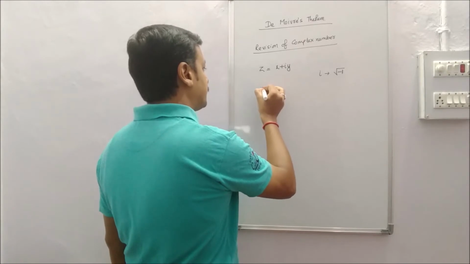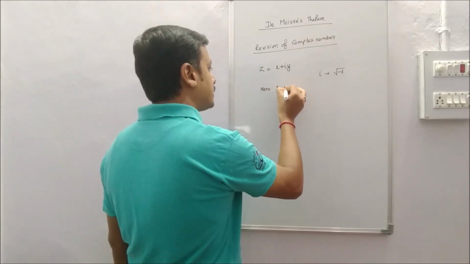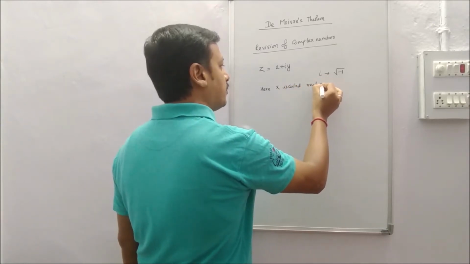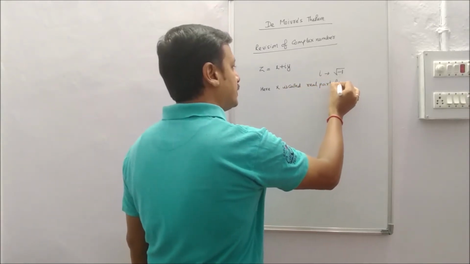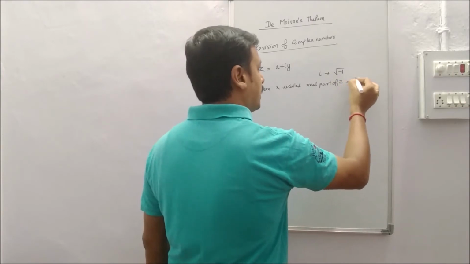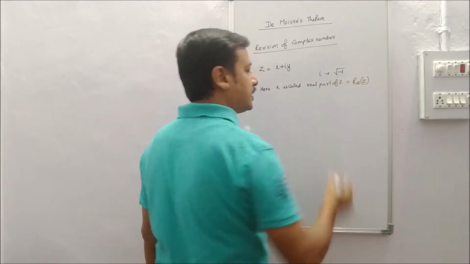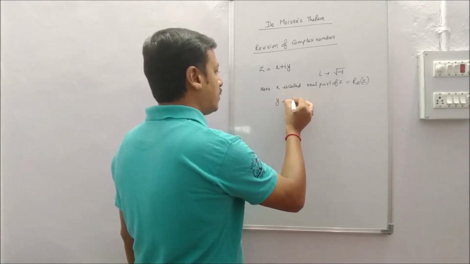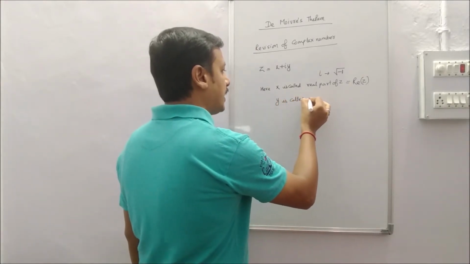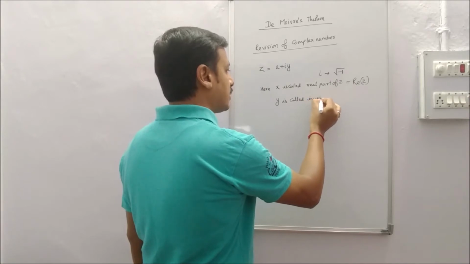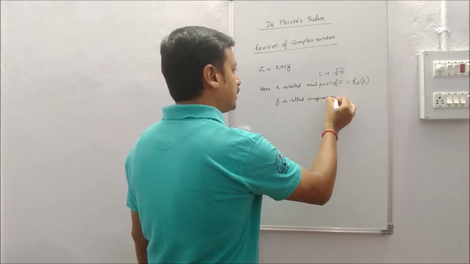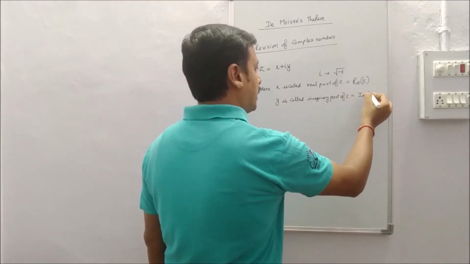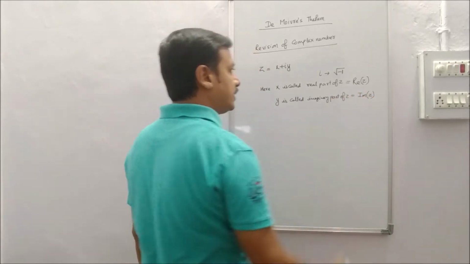Here x is called the real part of z, denoted by Re of z, and y is called the imaginary part of z, denoted by Im of z.